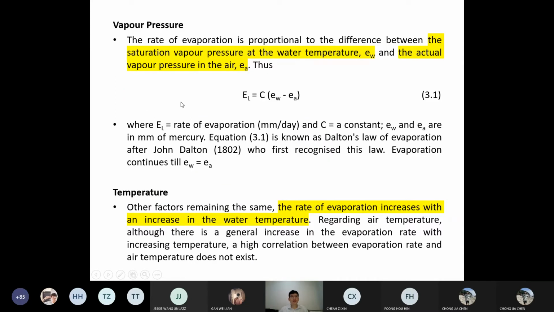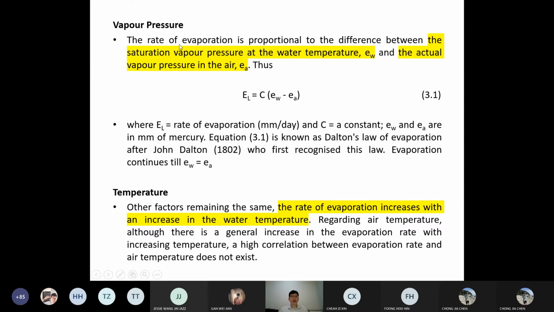And the very simple equation: the rate of evaporation is proportional to the difference between the saturation vapor pressure at the water temperature and the actual vapor pressure in the air.